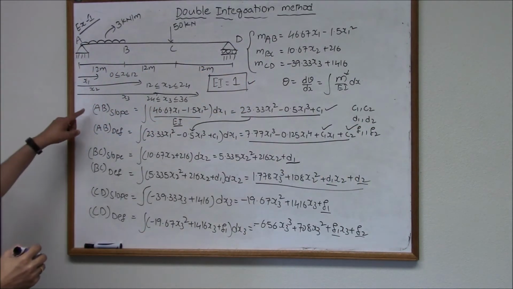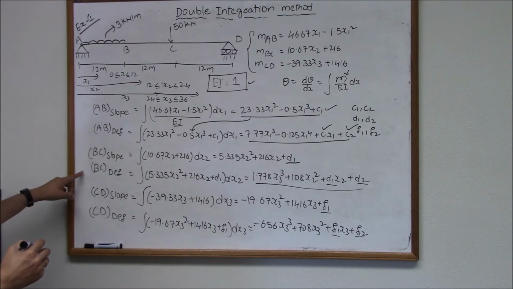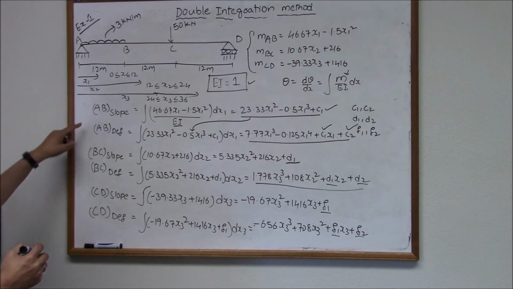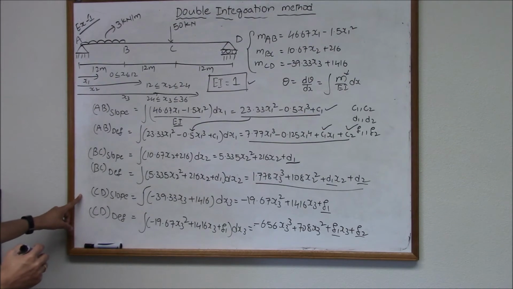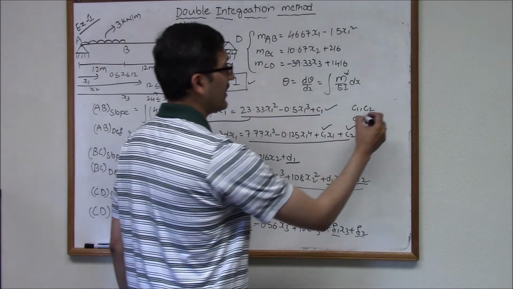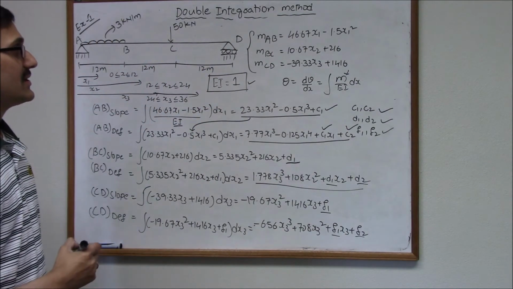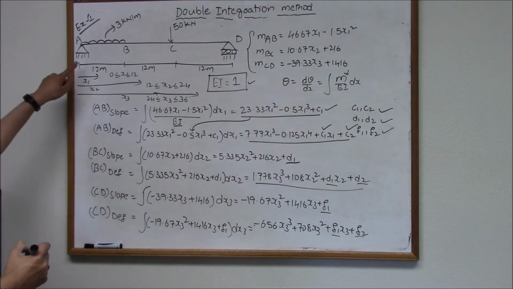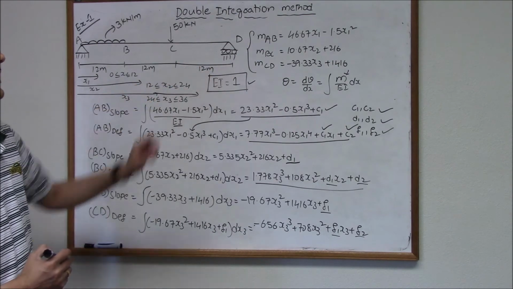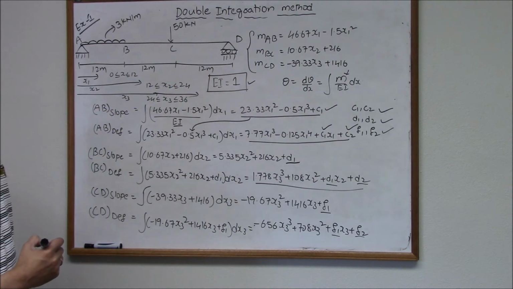In order to know the slopes and deflections of the spans AB, BC and CD, I have to evaluate these 6 constants. I can evaluate these 6 constants by making use of the boundary conditions and also some slope and deflection compatibility equations.